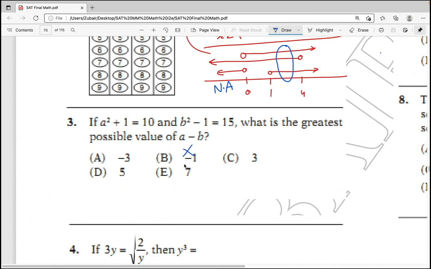I thought it said one possible value. So 1 goes on the other side, that's 9. And I have in my mind that A is plus minus 3. And 1 goes on the other side, that's 16. So plus minus 4. So greatest value would mean choosing the highest value for A and lowest value for B. 3 minus minus 4 is 7.